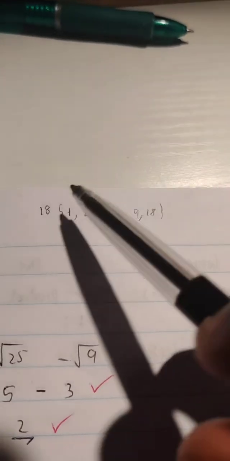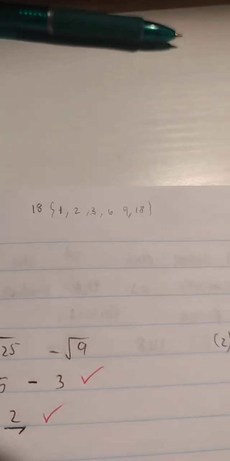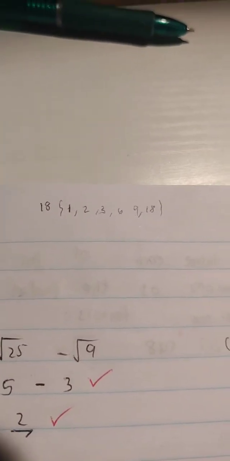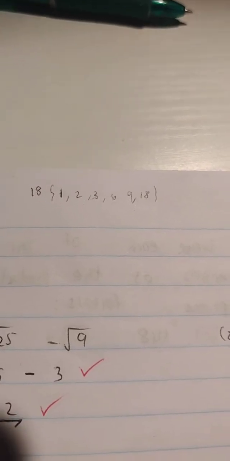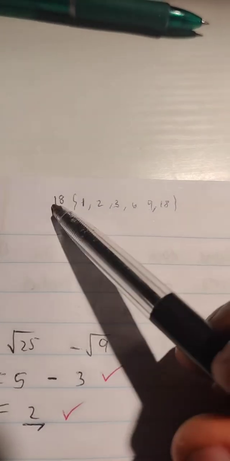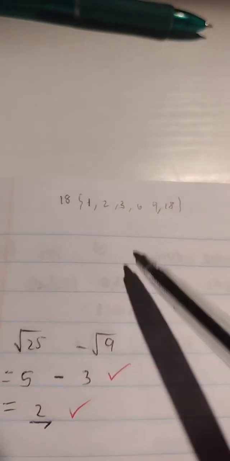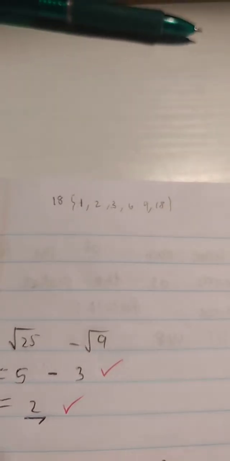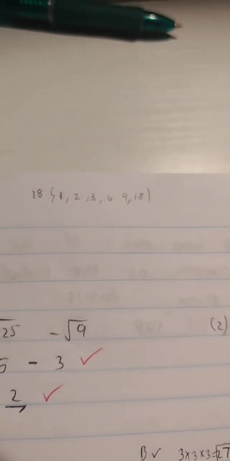Factors are numbers that fit into another number without leaving a remainder. No remainder. It fits in perfectly into another number. 1 fits into 18, 18 times, 2 fits into 18 9 times, 3 fits into 18 6 times. Therefore, all of these are factors.